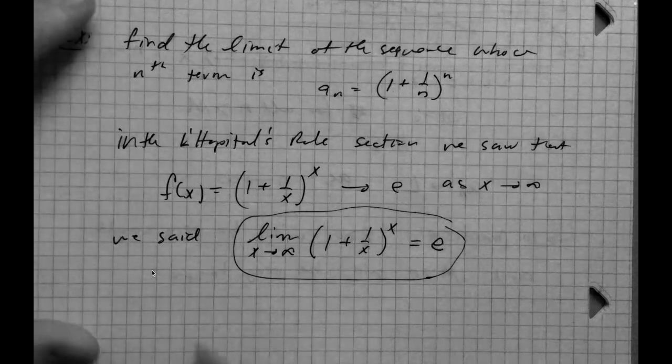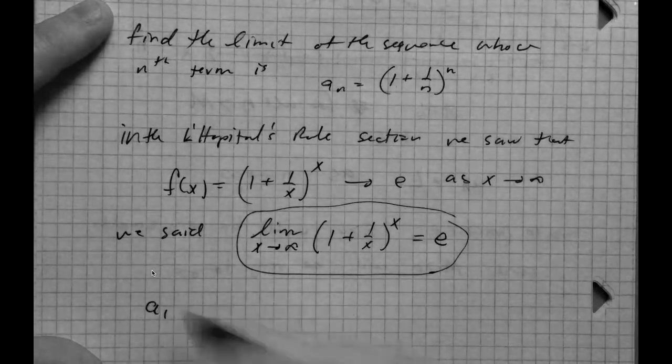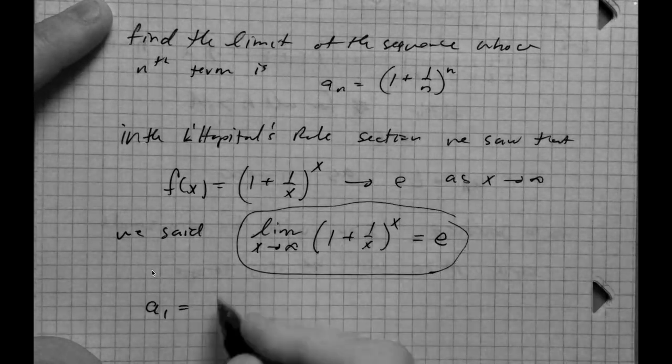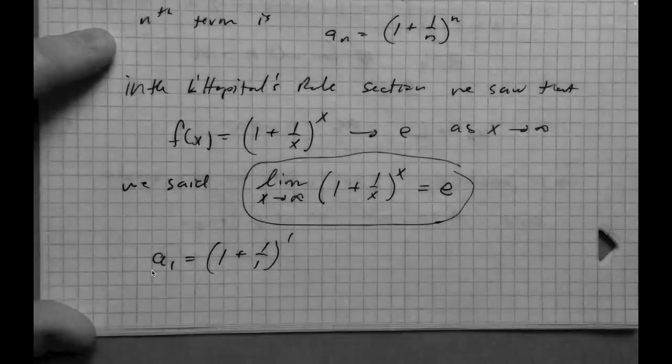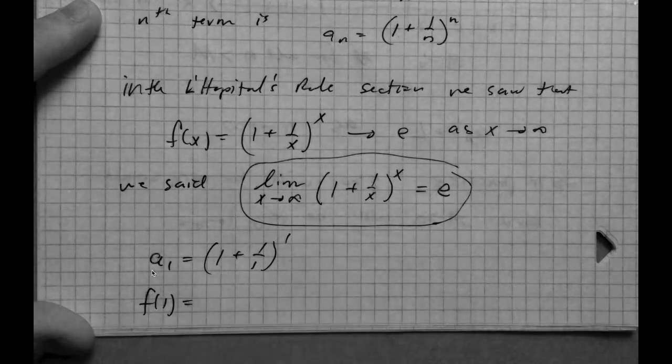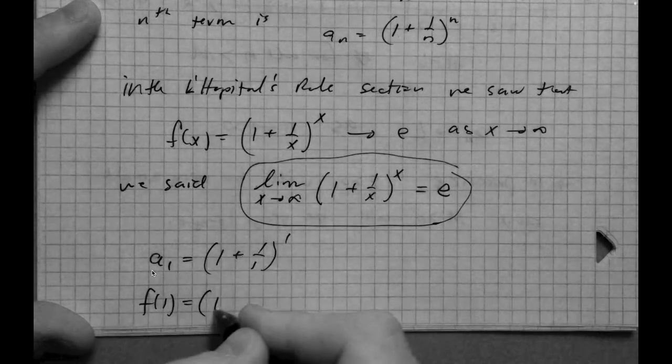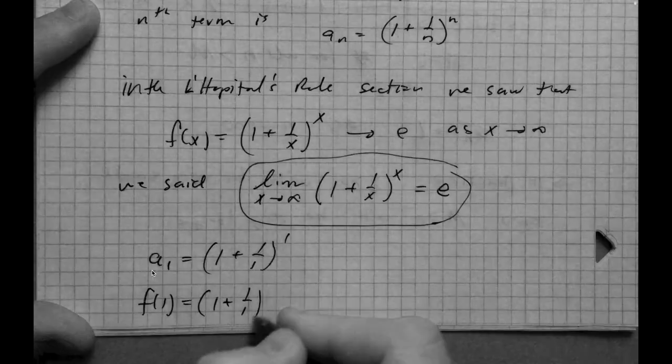So for example, a of 1, the first term of this sequence, is going to be equal to 1 plus 1 over 1 to the first power. And f of 1 is going to be equal to 1 plus 1 over 1 to the first power.